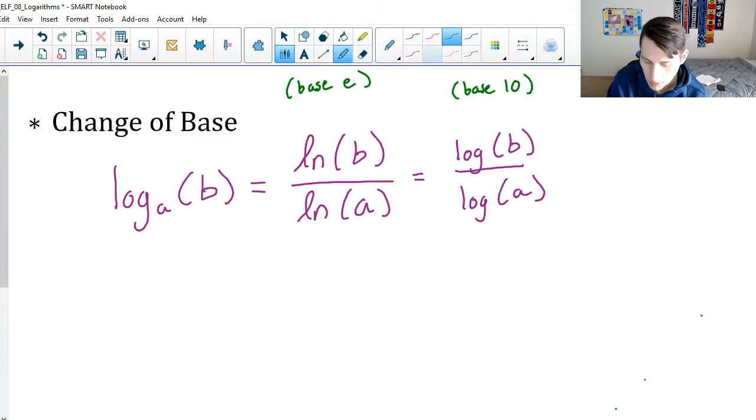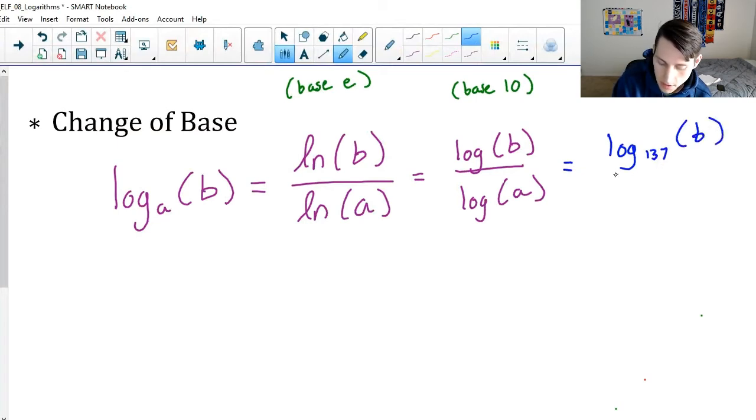These would probably be the most common ones we'll use, natural log or common log, but the point is the same. I could change this to any base that I want. If I wanted to change this to base 137, because that's my favorite number, I could do that by doing log base 137 of b over log base 137 of a.